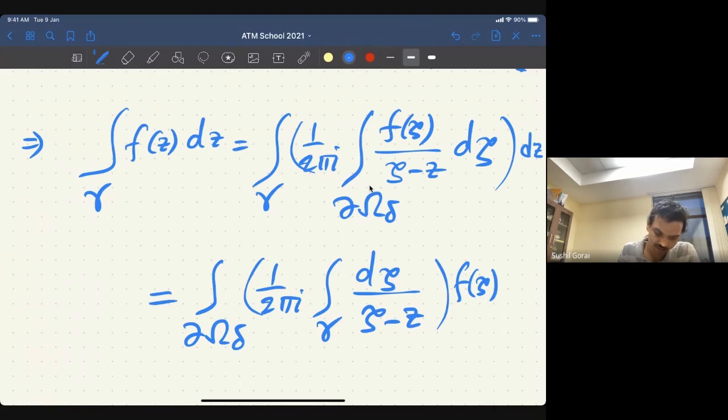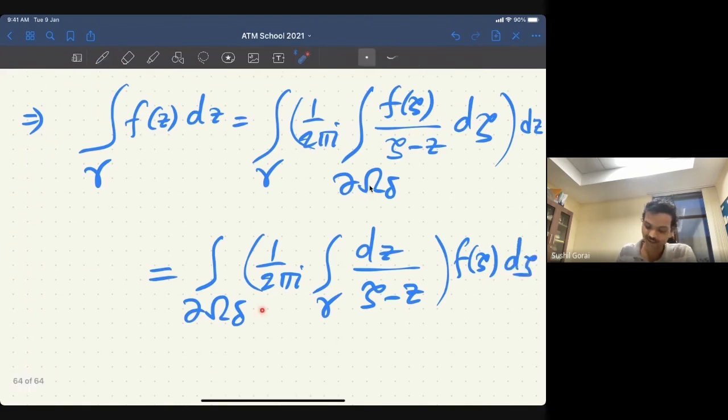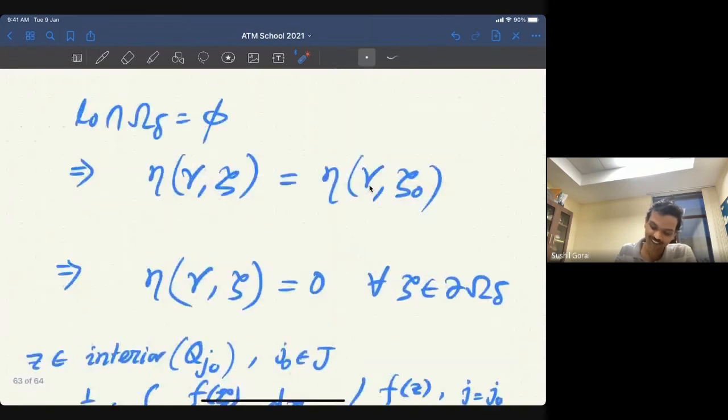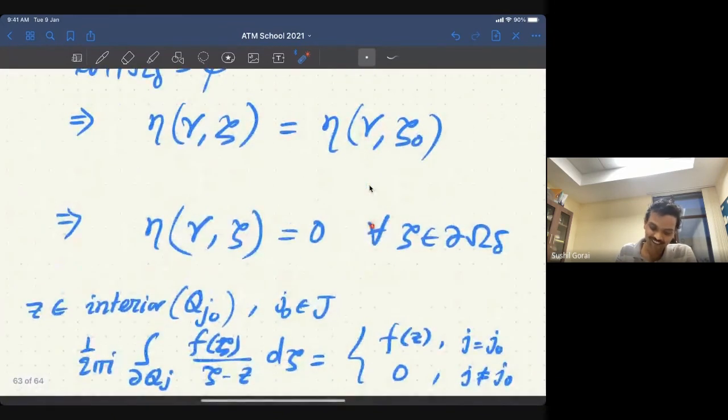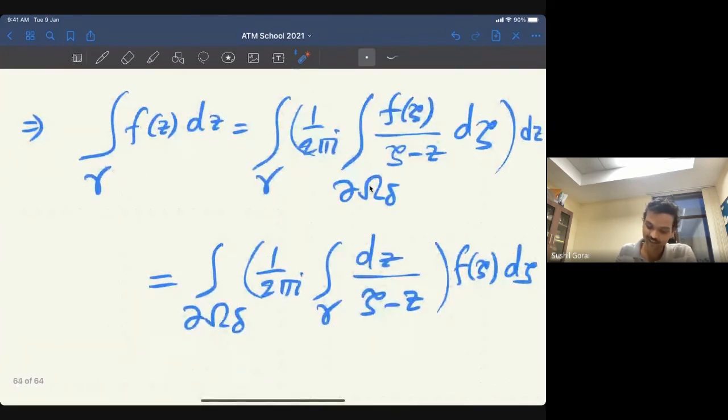Sorry, dz here. dz f zeta d zeta. Now what is this? This is the winding number of zeta. And what did we show here? It is 0, since zeta lies in the boundary of the domain. So this is 0.